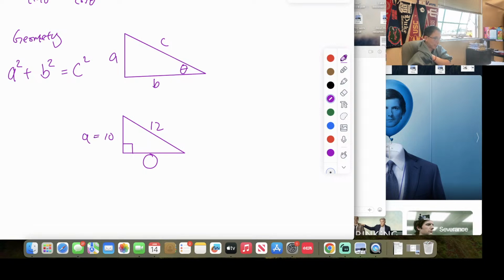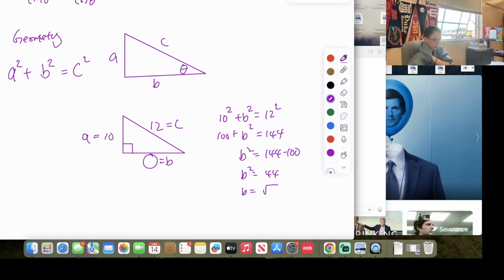So we're going to assign this as A, this as B, this as C, right? So it'll be 10 squared plus B squared equal to 12 squared. That's B squared plus 100 equal to 144. B squared is equal to 144 minus 100, so B squared equals 44.